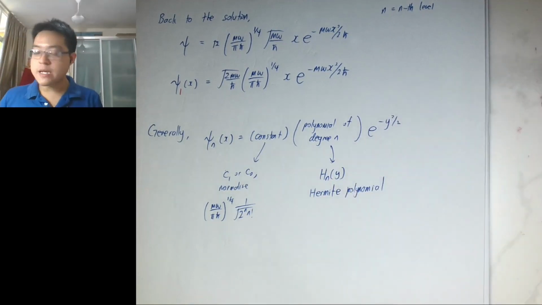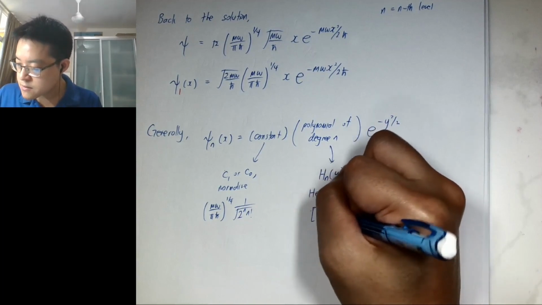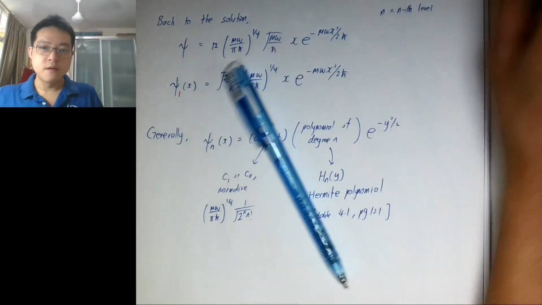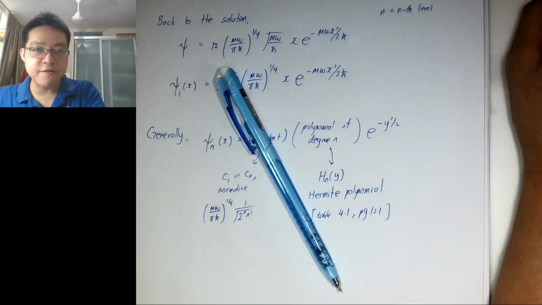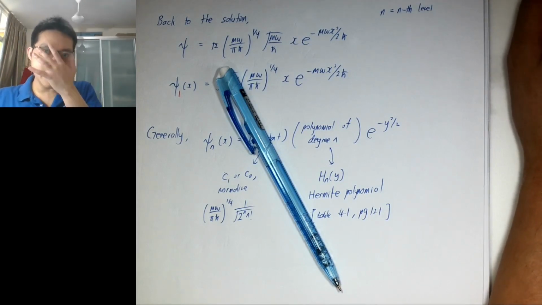Okay, so the list of Hermite polynomials is in the lecture notes, 4.1, page 121. We have solved this for the first two already, but for higher n it becomes more and more complicated.